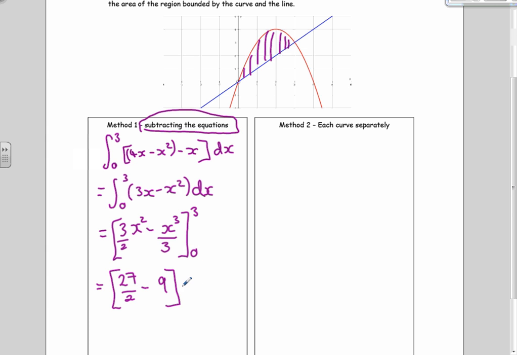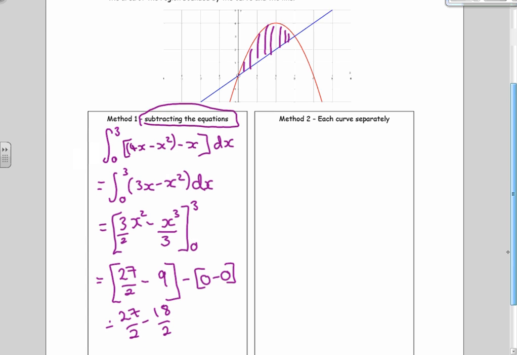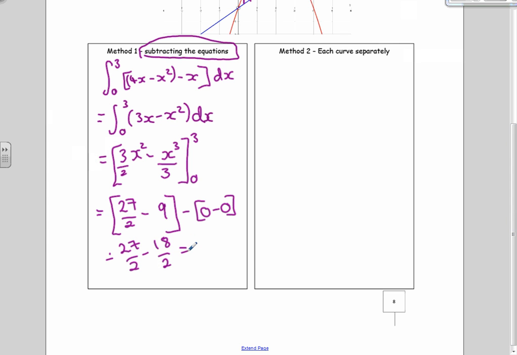And if I evaluate it at 0, I just end up with 0 minus 0. So this is the same as 27 over 2 minus 18 over 2. And of course, 27 minus 18 is 9, so I am left with an area of 9 over 2.